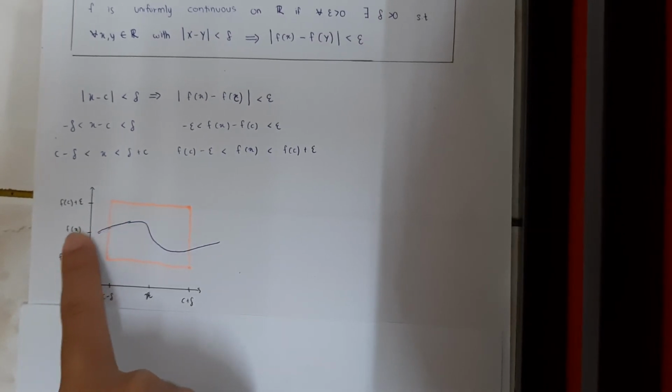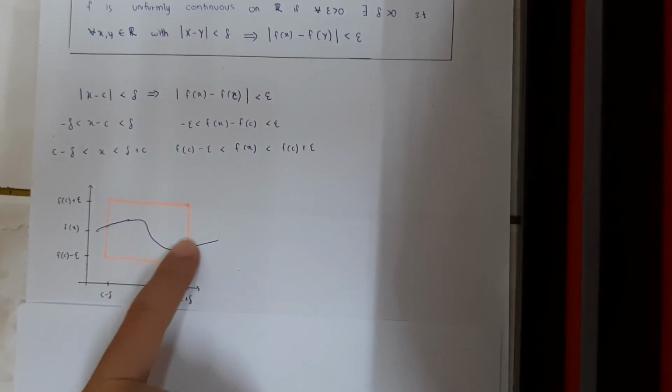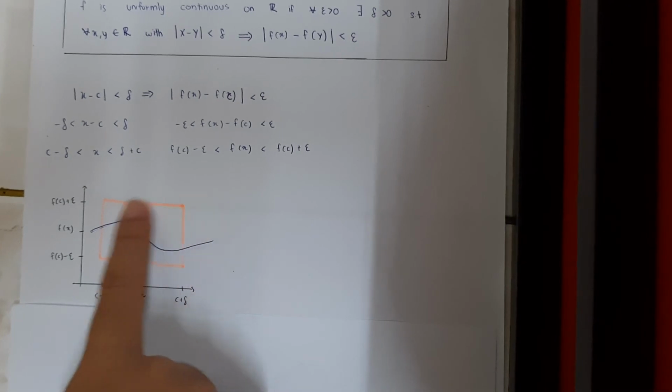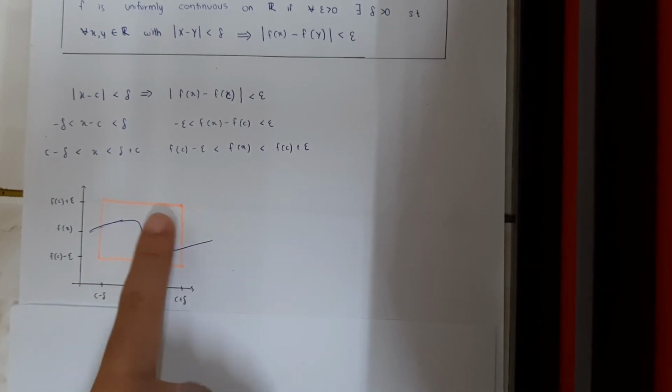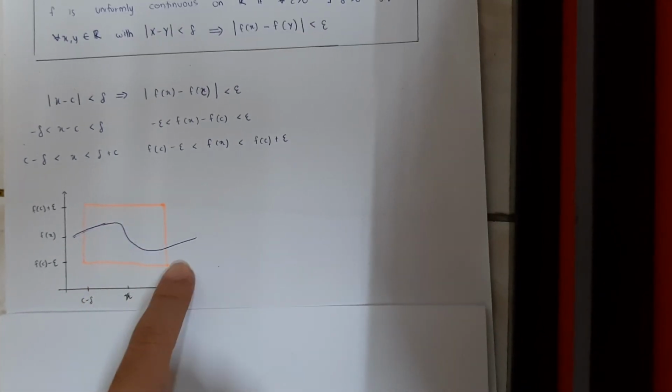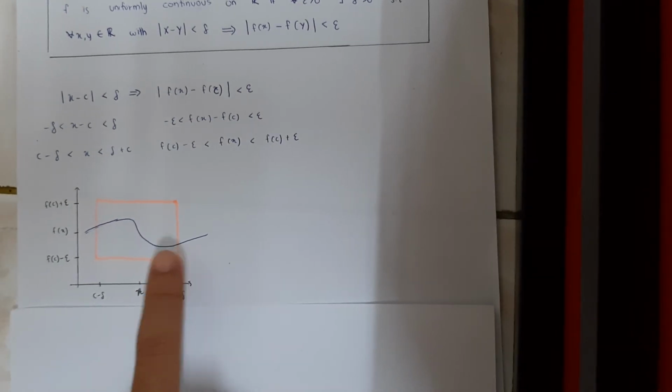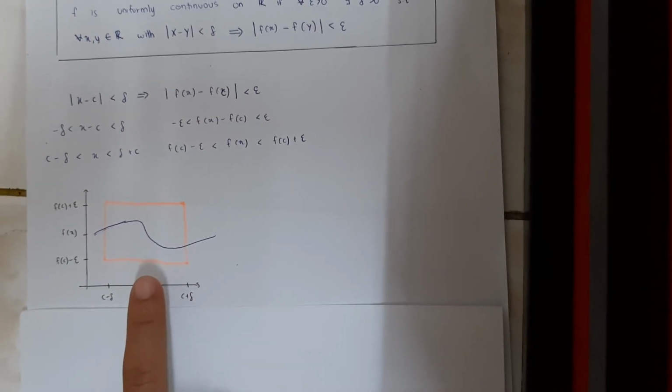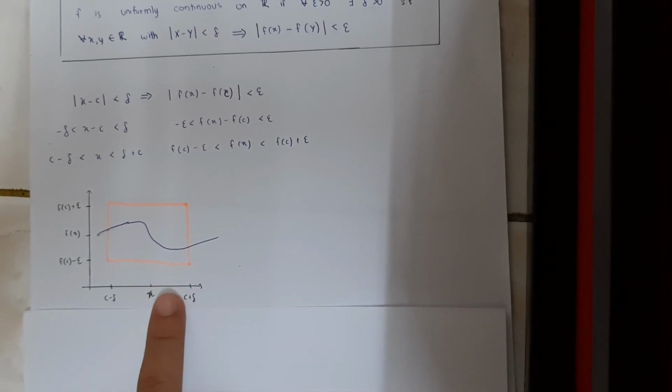So if the function is in the range of this box, we call it a continuous function.